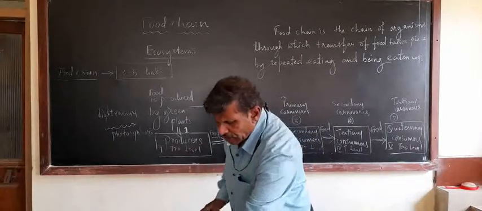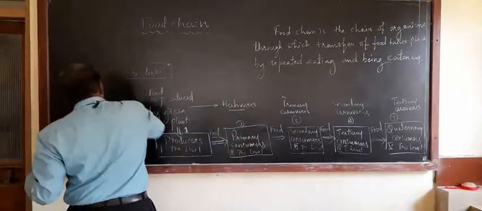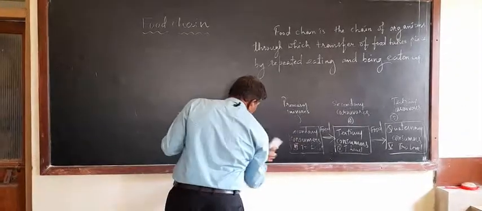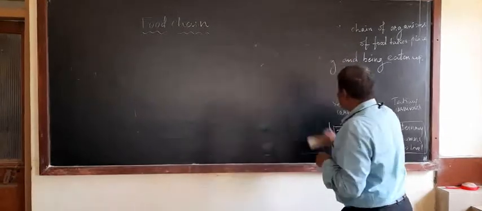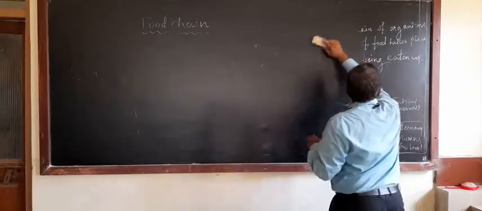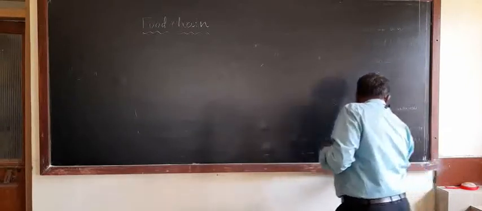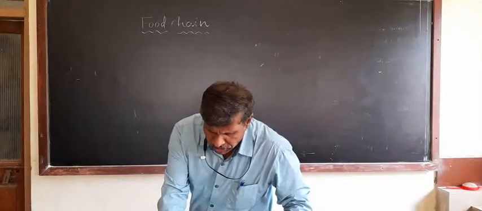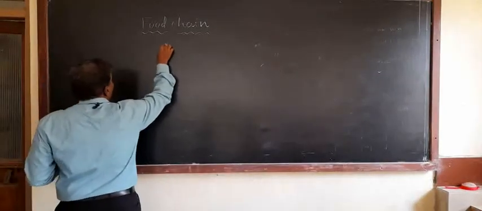Let me consider the types of food chains. How many types of food chains are there? Yes, food chains are of 3 types.